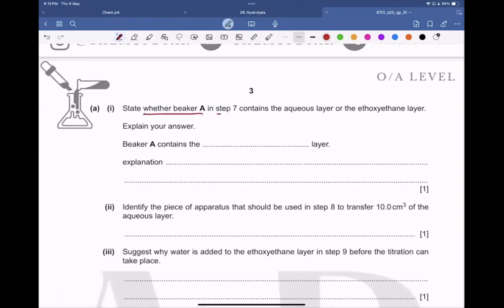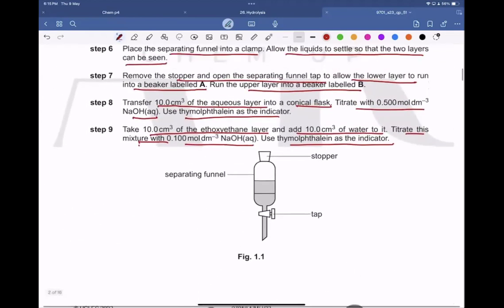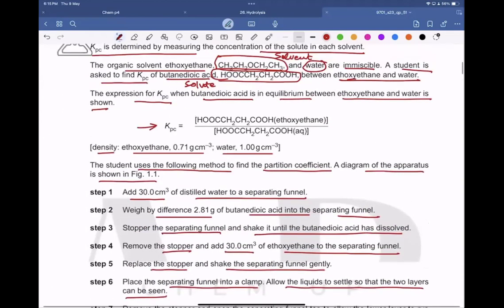State whether beaker A in step 7 contains the aqueous layer or the ethoxyethane layer. Explain your answer. So see, if you look over here, water has a greater density than ethoxyethane, right?